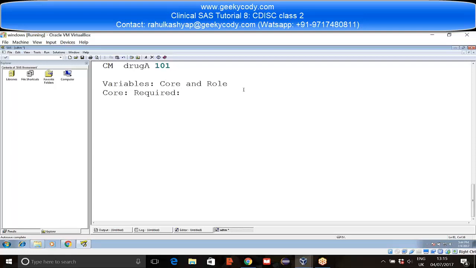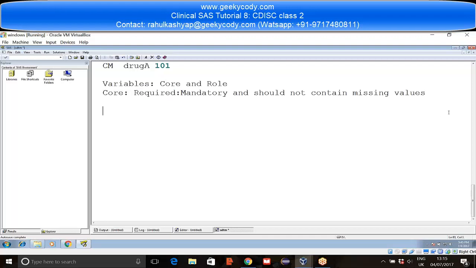That is called required variables: mandatory, and should not contain missing values. That means whenever we are sending data to the FDA, all the required variables should be present.